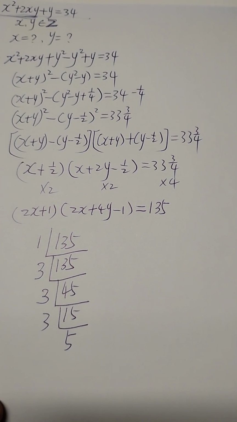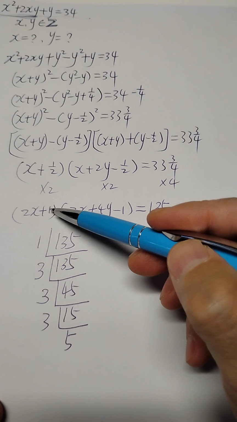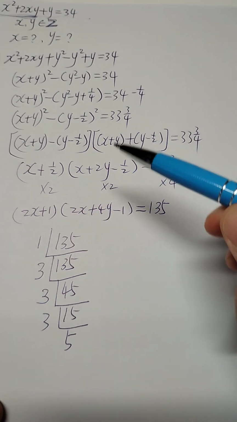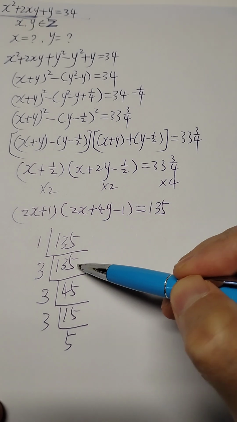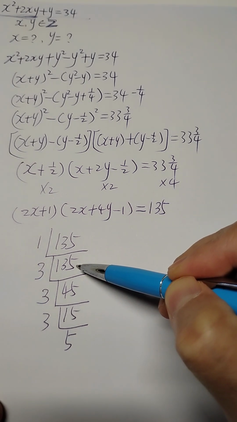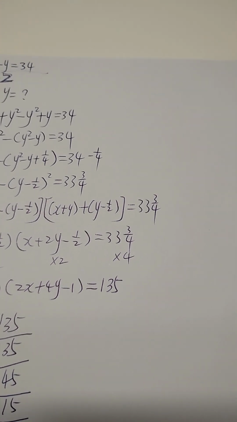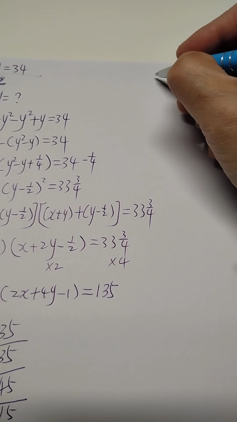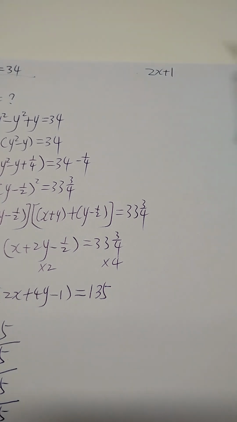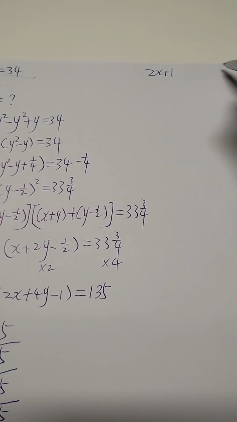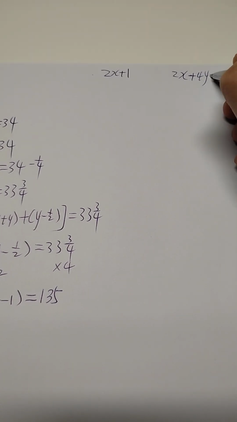So if 2x plus 1 equals 1, then 2x plus 4y minus 1 must equal 135.